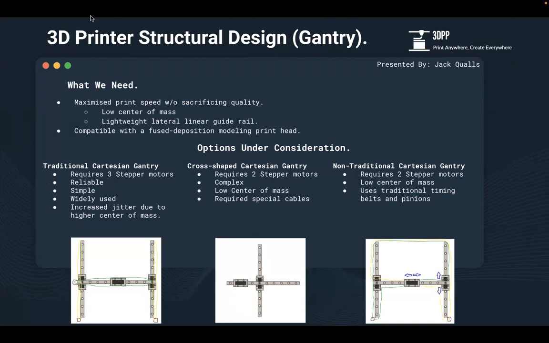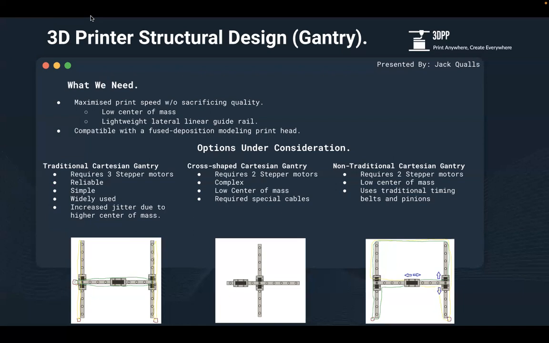All right, so this is about the gantry design, as I went over before in the CDR presentation, a little bit more in depth. The goal of the gantry was to minimize the amount of motors we're using while maximizing the speed at which the gantry was able to move without sacrificing any of the print quality. So we were able to do that by considering a couple different designs.